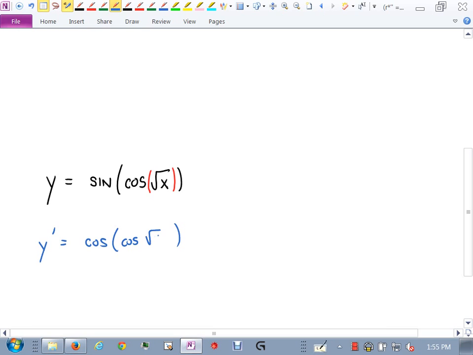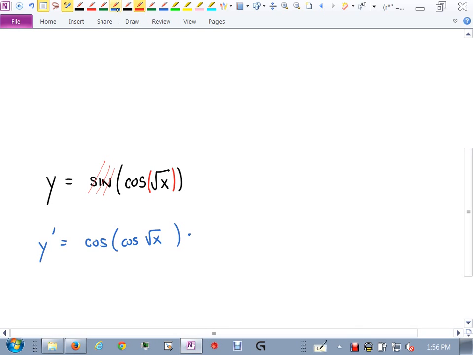Cosine root x, right? I don't need to put the parentheses, but the major thing here is that the only thing I took the derivative of was sine, and then the rest of it came with me. Now times, and I've already taken the derivative of sine, so now I have cosine of my hand again. What's the derivative of cosine of my hand?